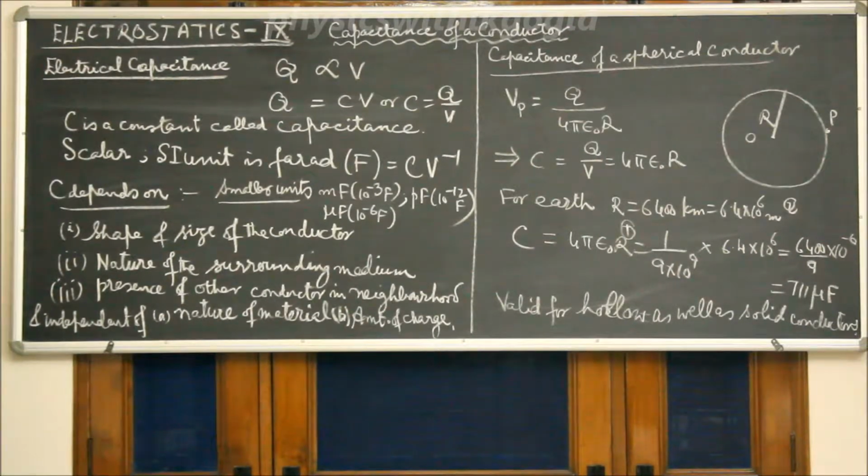So even Earth has a very small capacitance, very less as compared to 1 farad, indicating that farad is a very large unit of capacitance.